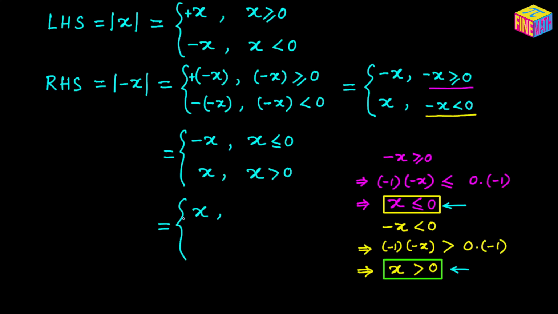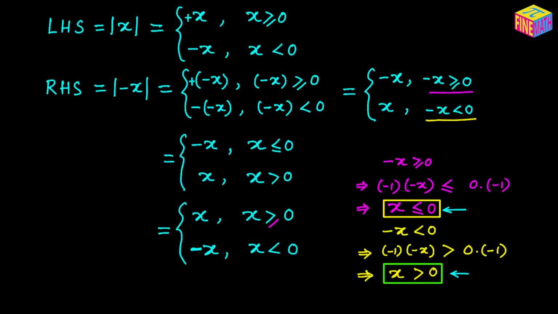So it will be x when x is greater than 0, and negative x when x is less than or equal to 0. Now if x is 0, then it is obviously equal to 0. So where you put the equality sign does not really matter when x is equal to 0. So I'm going to tag the equal sign right here, because the equality always holds when x is 0.